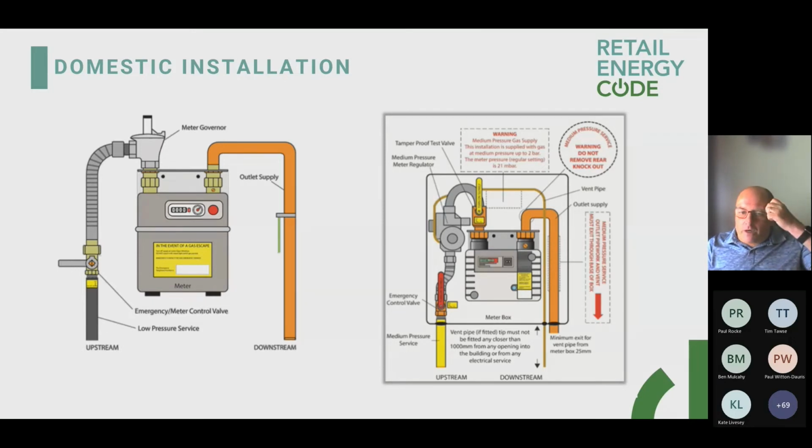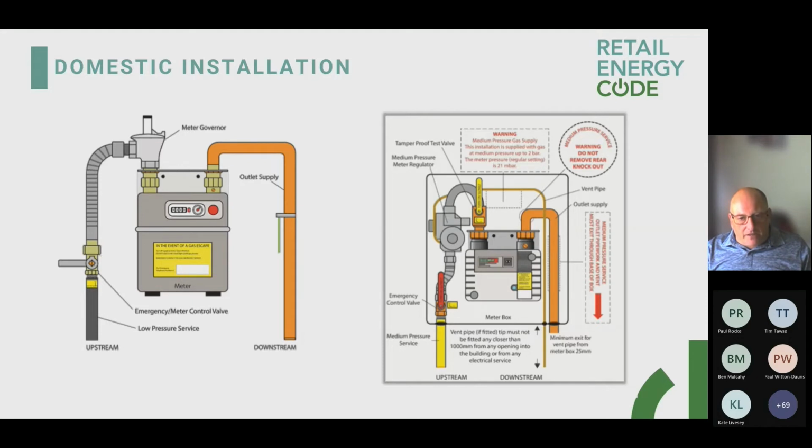And then you've got the outlet pipe. Now, the interesting thing is that outlet pipe is the responsibility of the customer. It belongs to the customer. So anything downstream is then classed as downstream. So you've got upstream of the meter and downstream of the meter is how you identify the components. So before the ECV belongs to the distribution network operator.